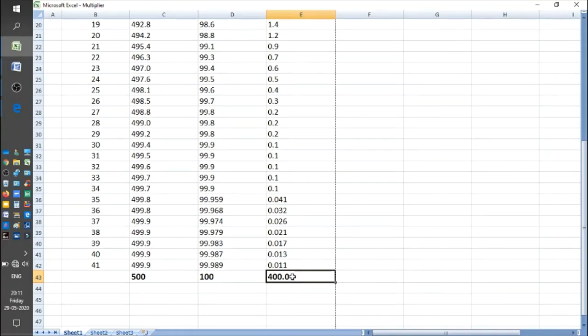So even with a small amount of deposit, the bank can create more deposits. By creating more deposits, it creates more money out of nothing. How can it do this?